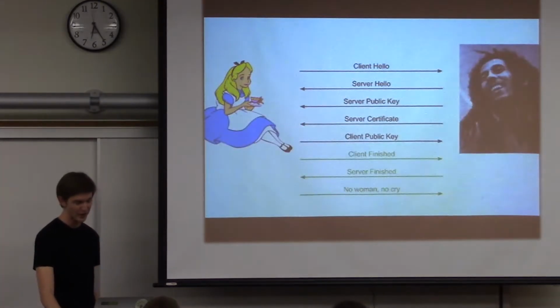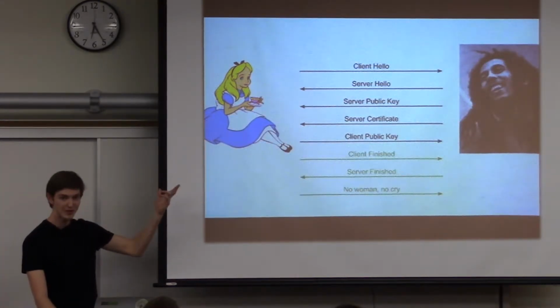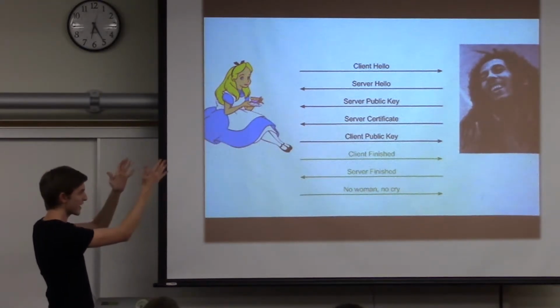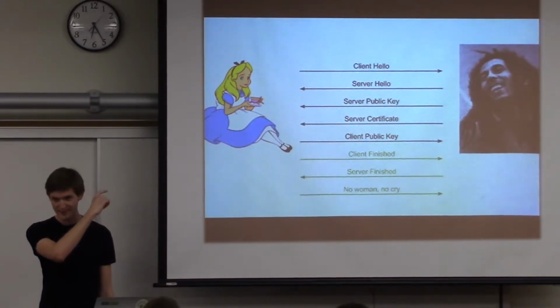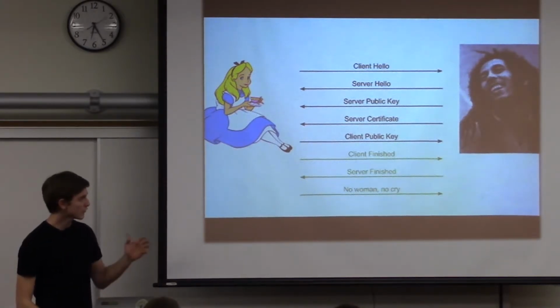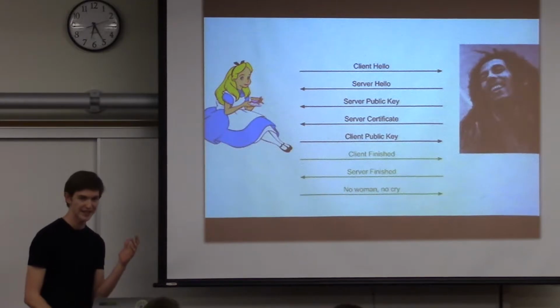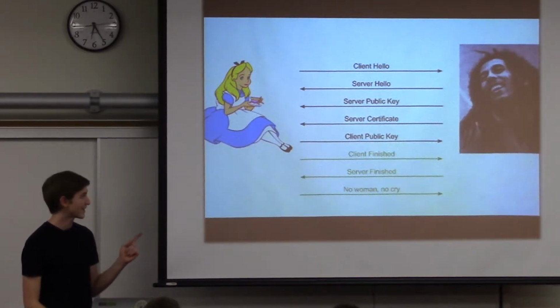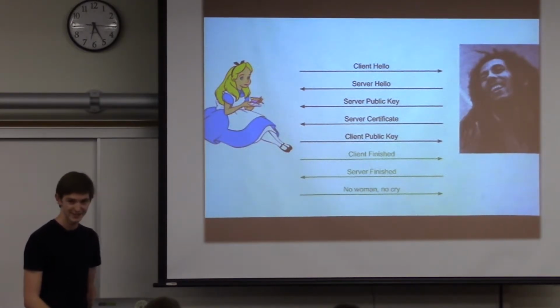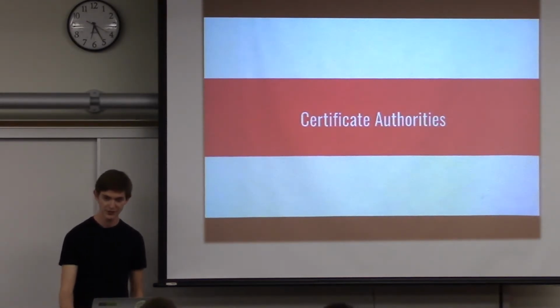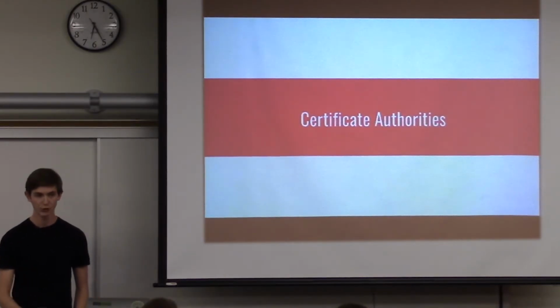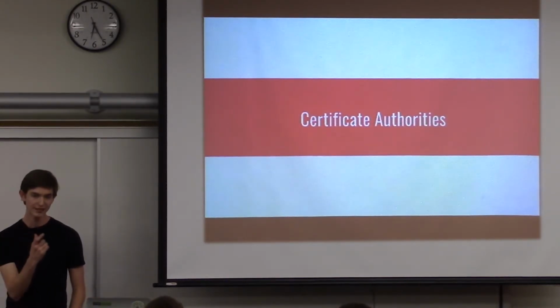So you may be wondering, what if Snoop Dogg is in between these two and just does all this with Alice, does the same thing with Bob, and he pretends to be Alice to Bob and pretends to be Bob to Alice, right? So far, there's actually no way to tell that that's happening, except for the server certificate that gets sent. So we have trusted third parties, these companies called certificate authorities, who are in the business of verifying that a particular website owns a public key.